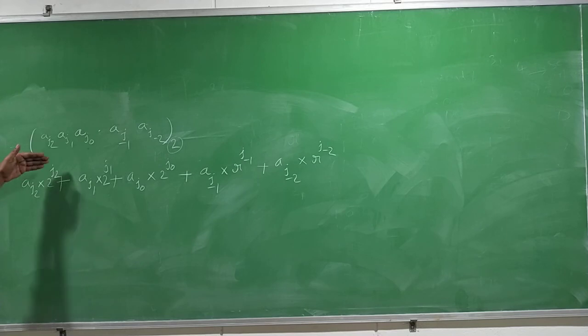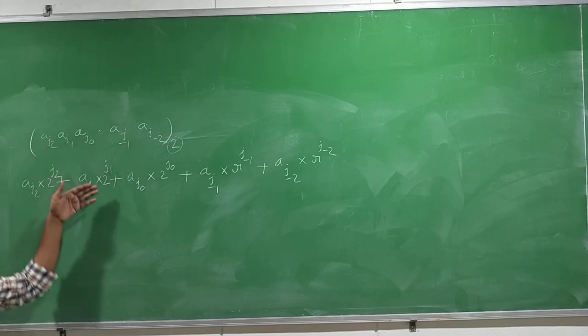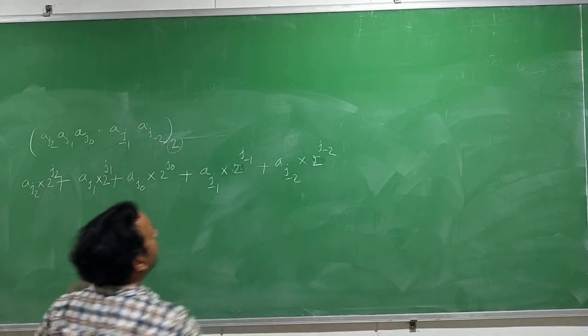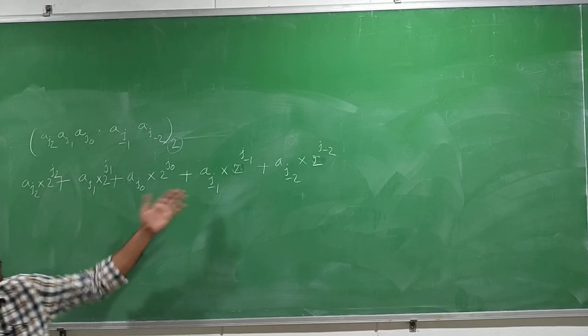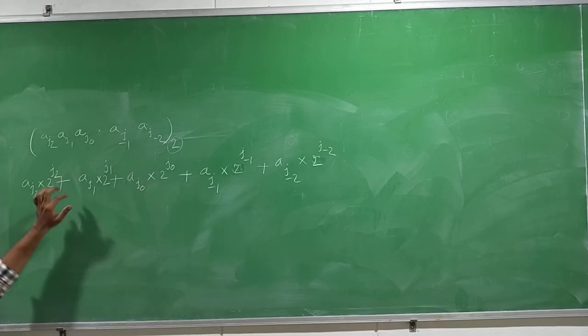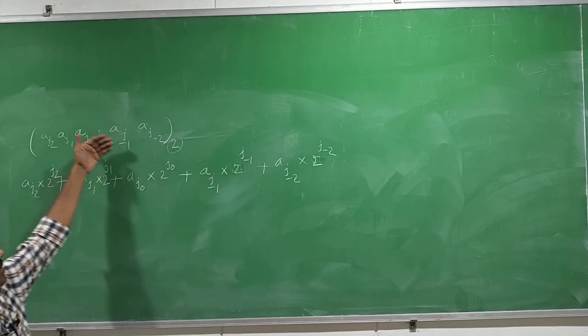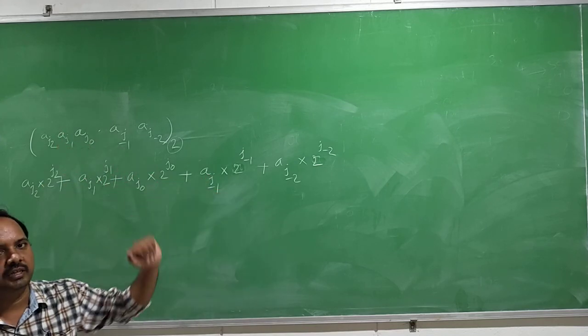This is how the binary number can be expressed. Sorry, instead of R we need to write 2 here, because we are in the binary number system. If you put R, this becomes a generalized formula. If you put 2 here, you can express the binary number in this fashion.